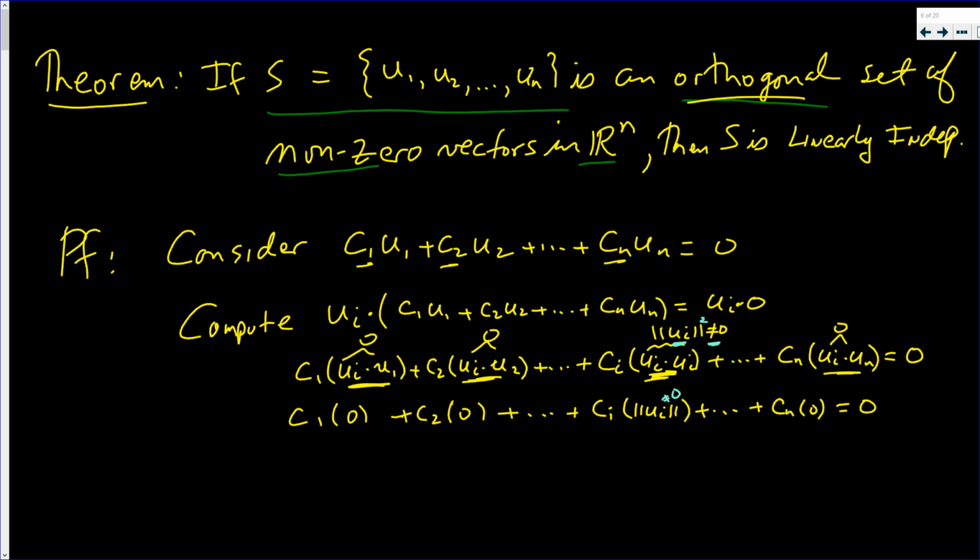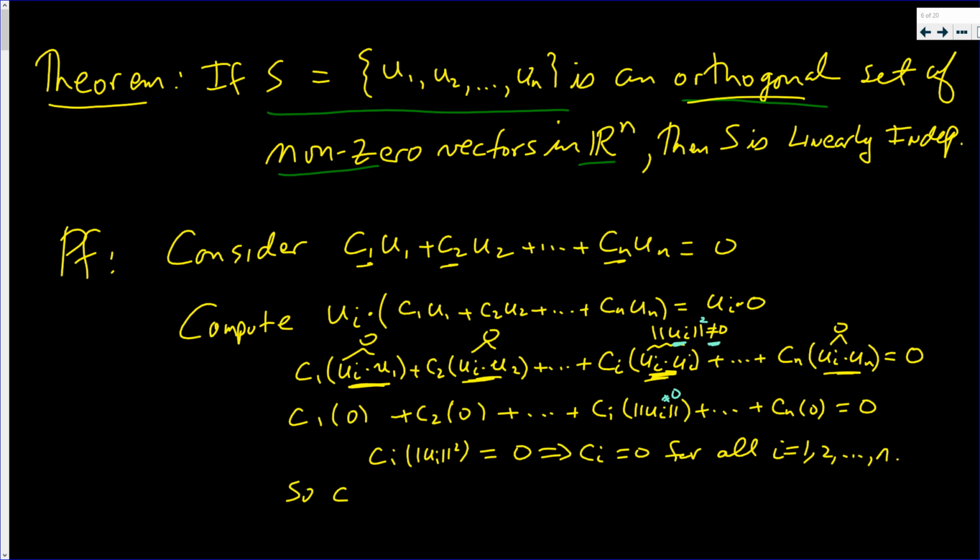Well, this tells us that ci times the length of u sub i squared, which is not 0, is equal to 0. But that implies ci equals 0, and this is for all i equal 1, 2, up to n.